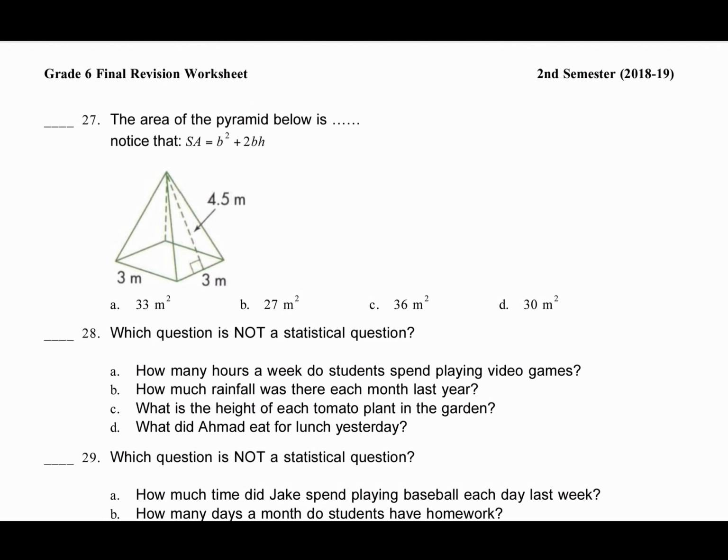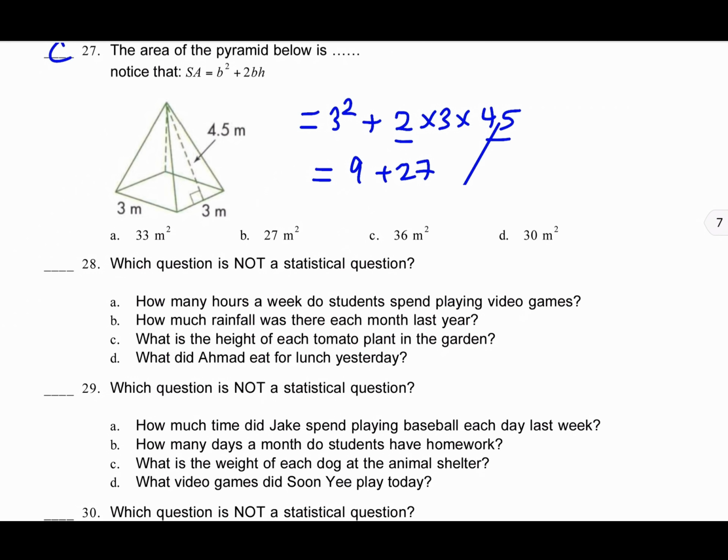The base here is 3, so it equals 3 squared plus 2 times 3 times 4.5. 2 times 4.5 is 9, times 3 equals 27. So now it's 9 plus 27, which is 36 square meters. The answer is C.